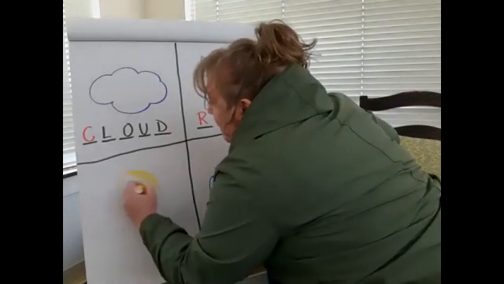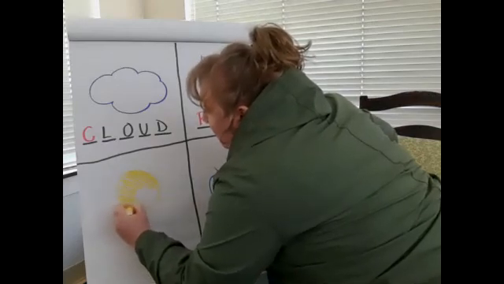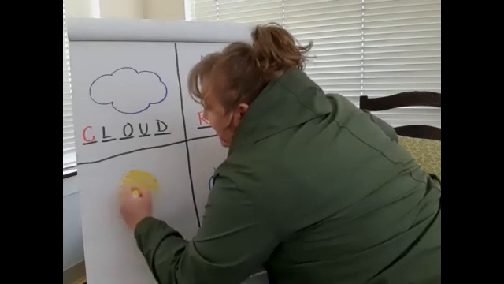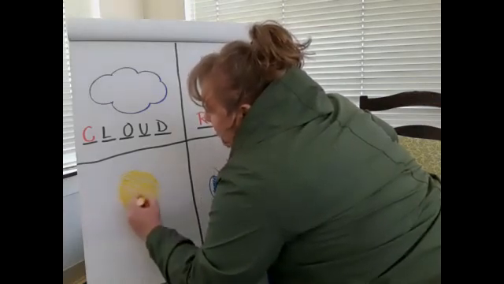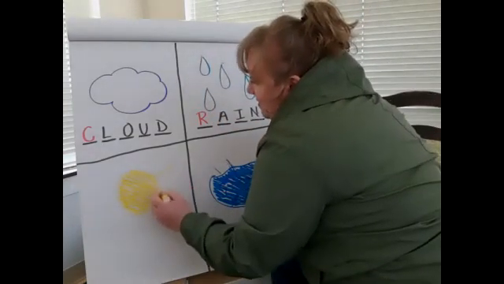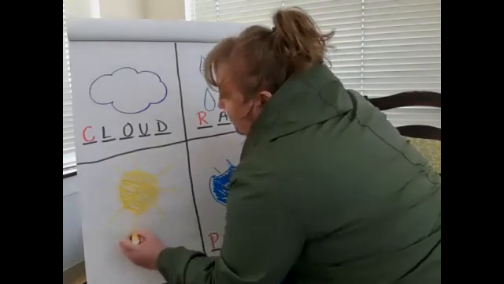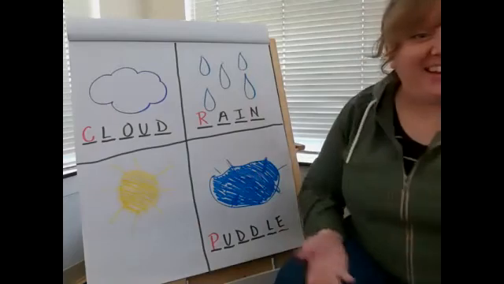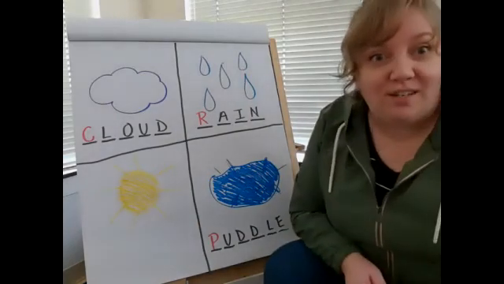Okay, I'm going to make a big yellow circle for the sun. So a yellow circle and some lines going straight out. There it is. Okay, I'm going to write the word.